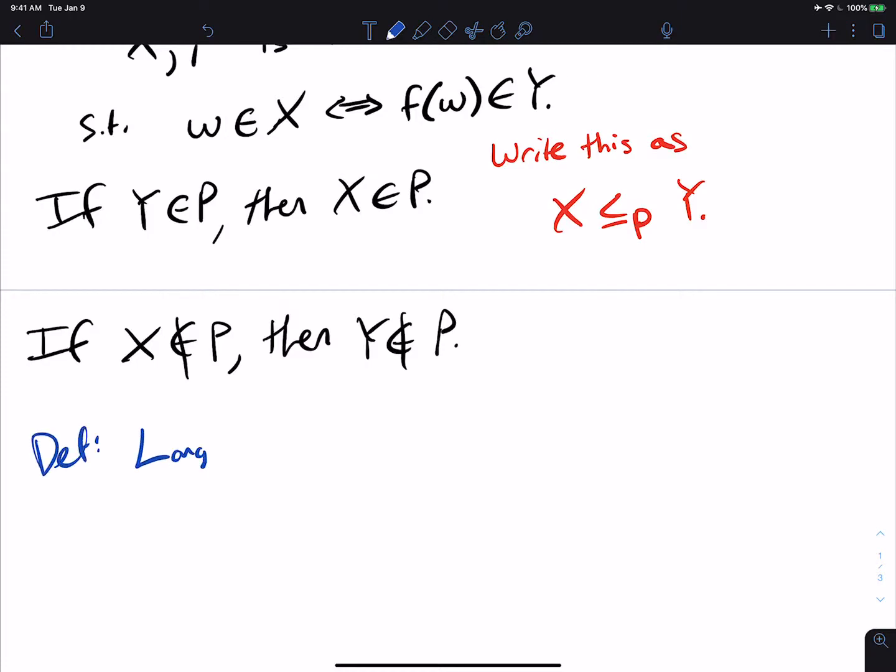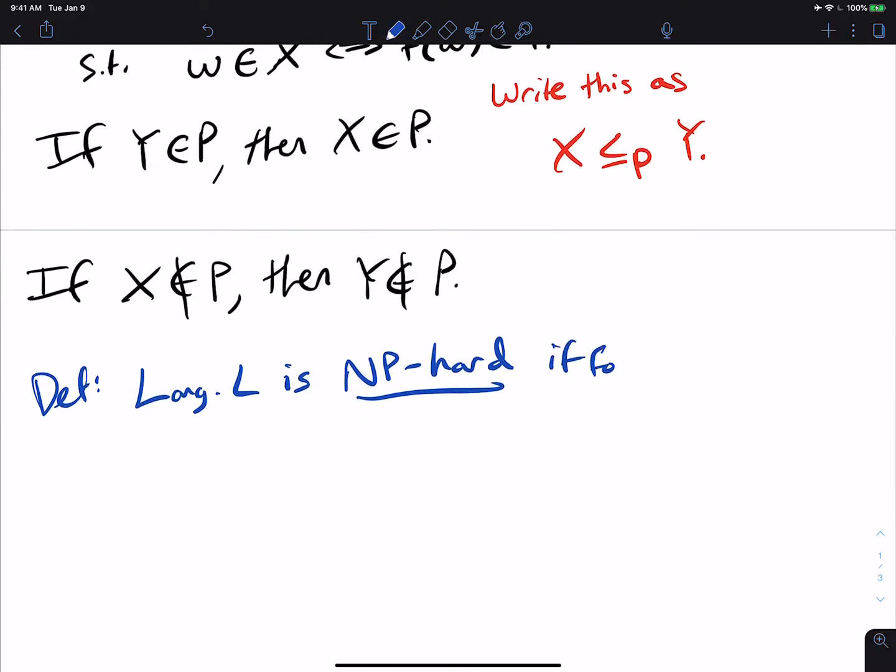A language L is NP-hard if for every problem X in NP, and it really does have to be every, we have that X polynomially reduces to L. So that tells us that if we could solve L quickly, and L is NP-hard, then we can solve every problem in NP quickly, because X reduces to L for every X in NP.